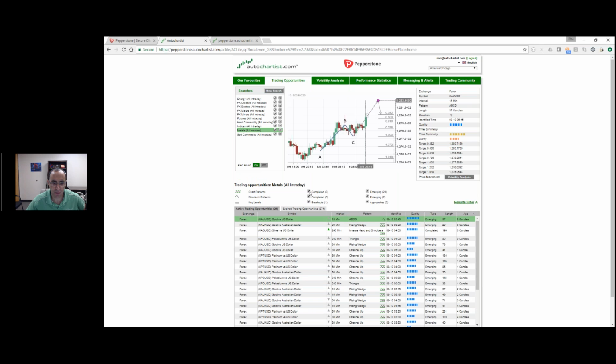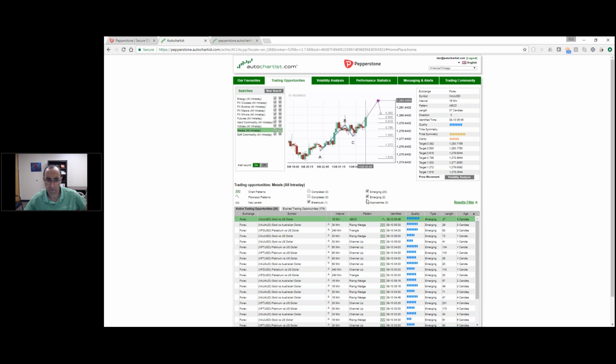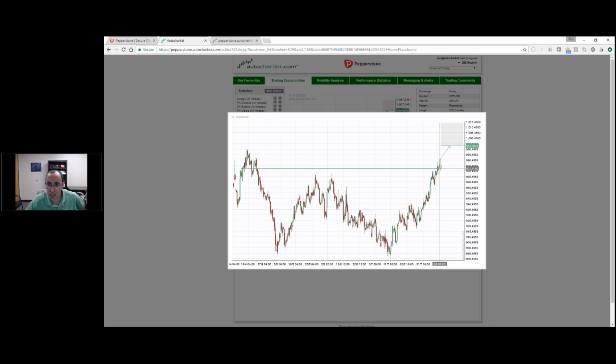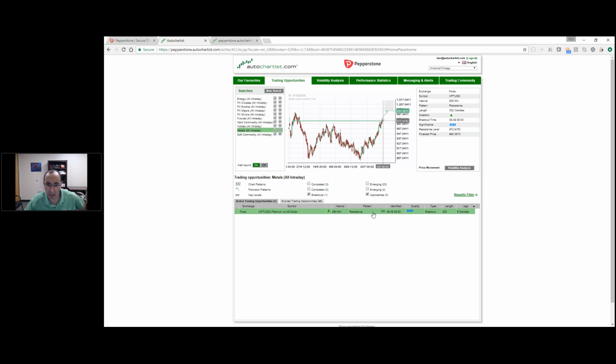Oh, there is something here on metals. Let's see what that looks like. I hope it's a good example. Okay, so active trading opportunities. Here is one. Okay, so what's actually happened is that it was an emerging opportunity, and now there's been a breakout. What I wanted to show you, really, I can't seem to get a good example.